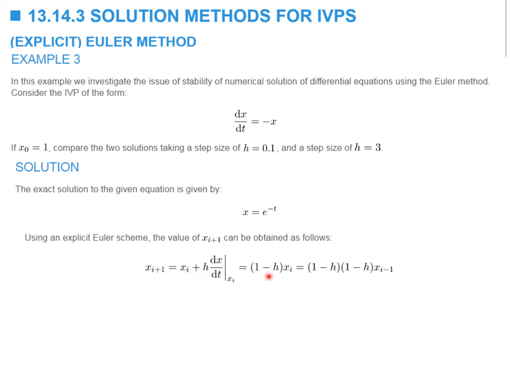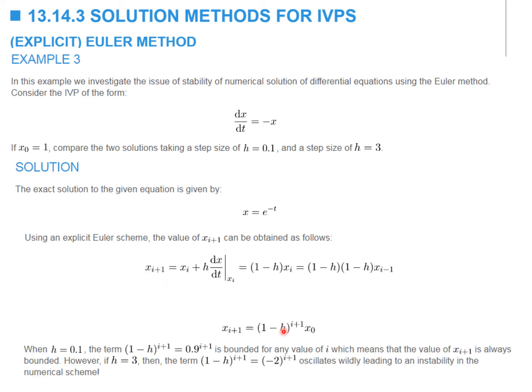I will take x_i as a common factor, and I'll have (1 minus h). Now remember, I can repeat this again for x_i. We'll make it equal to (1 minus h) multiplied by x_{i-1}, and so on, which means that x_{i+1} is equal to (1 minus h) to the power of i+1 multiplied by x naught.